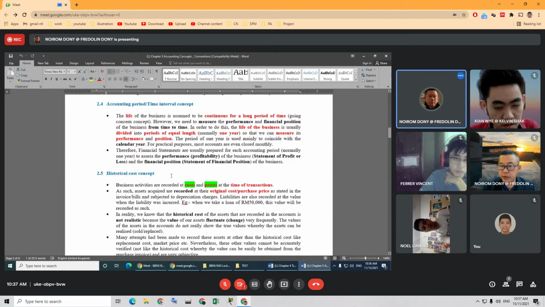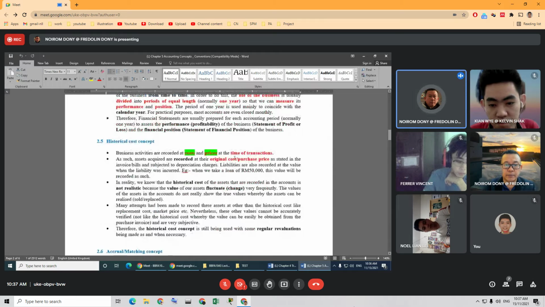So we continue. Historical cost concept. Just now we mentioned historical cost concept. The word historical means history. What do you understand by history? Sejarah. What is sejarah? Sejarah means the event already happened, isn't it?